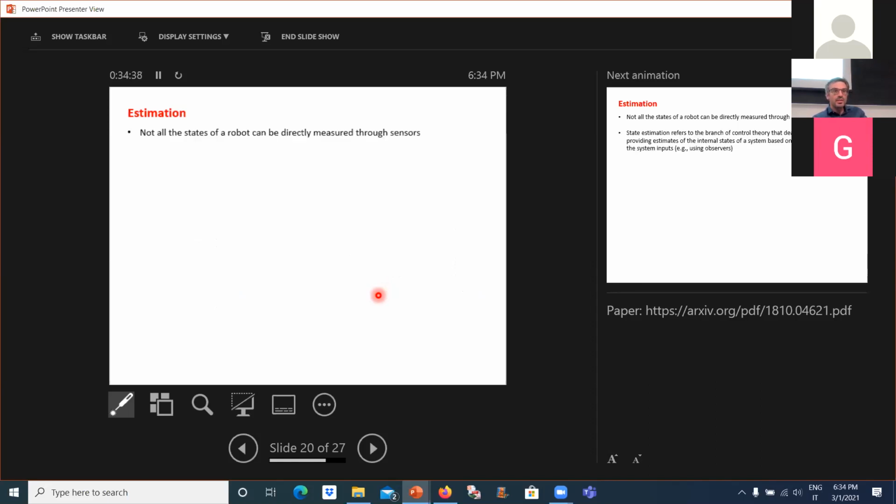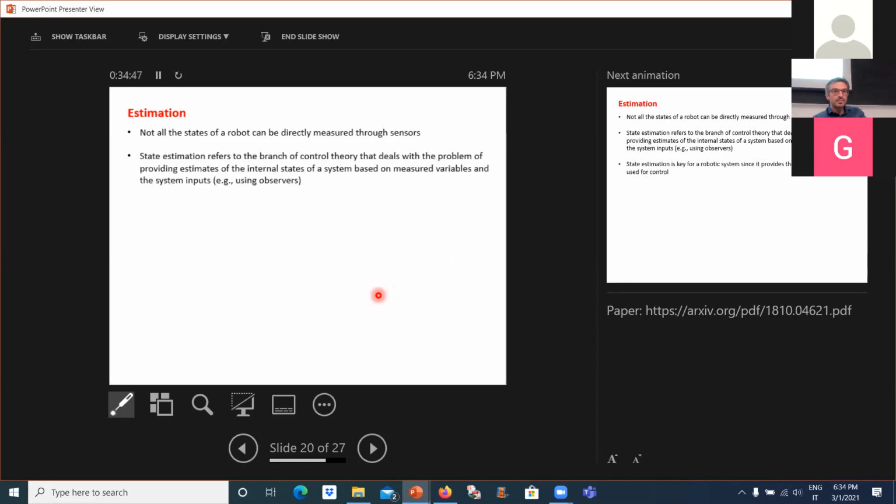Yeah, so as I said, estimation is needed whenever you cannot get all the states directly from the sensors. And there is a whole branch of engineering that studies state estimation and deals with the problem of providing estimates for these internal states that are not observable directly from the sensors.